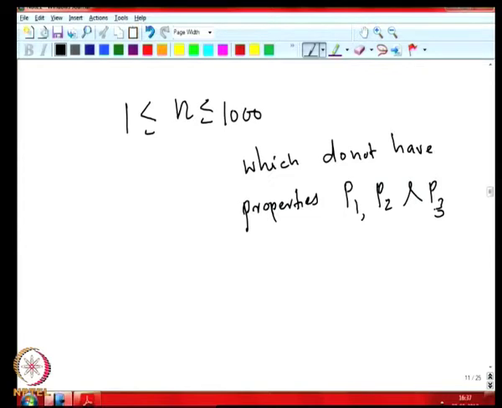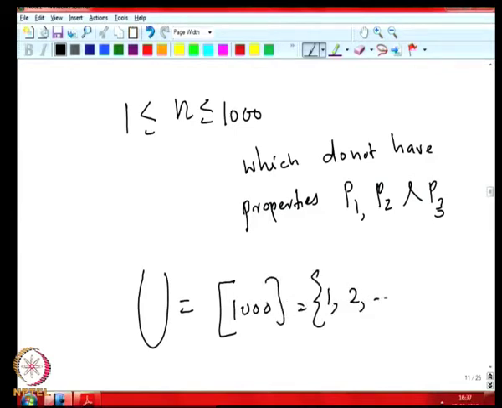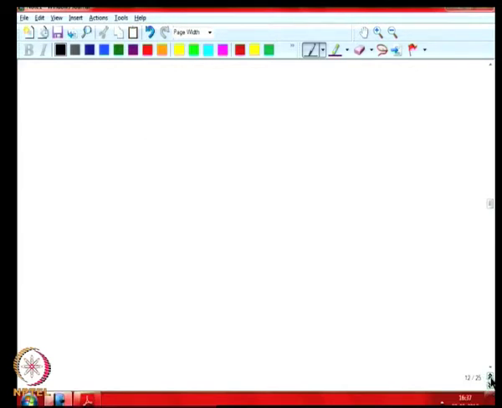It is easy to see that if we consider U as this set, that means 1 to 1000, the universe is 1 to 1000.